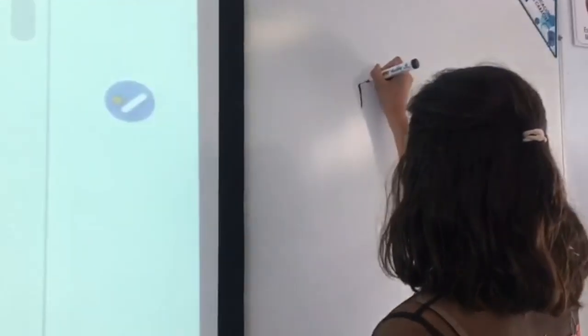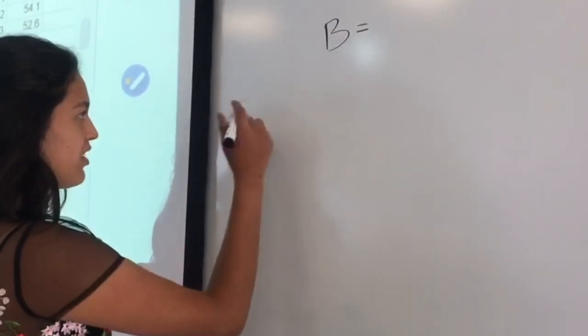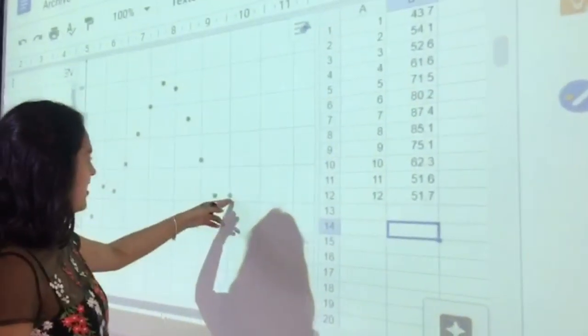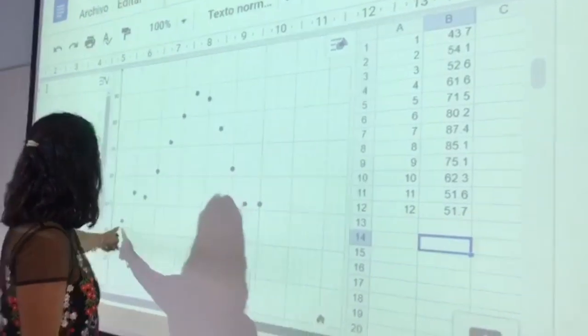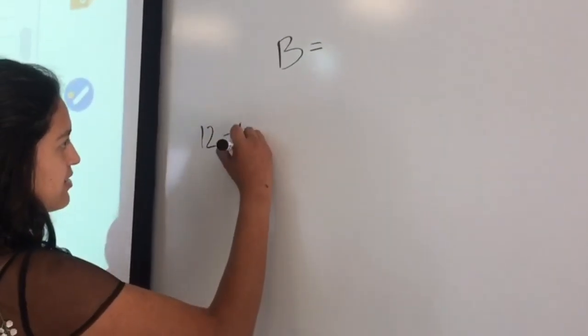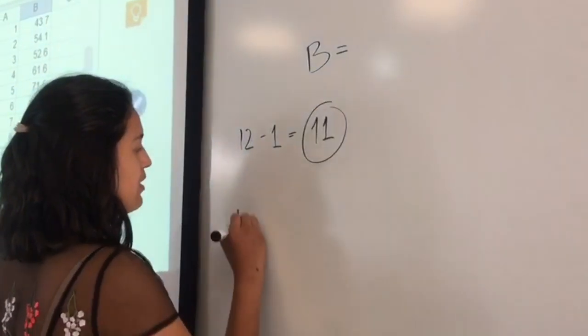Then we are going to get the value of b. To get the value of b, we're going to use the period. If we take into account the last point and the first point, which is 12 minus 1, gives us 11. This is the period.